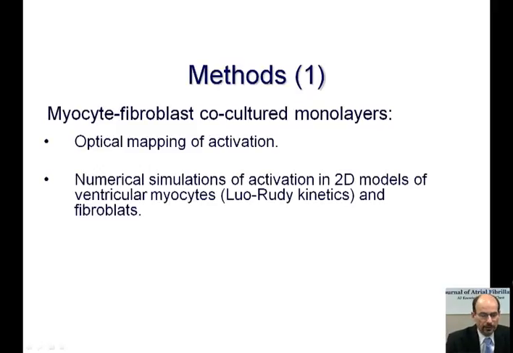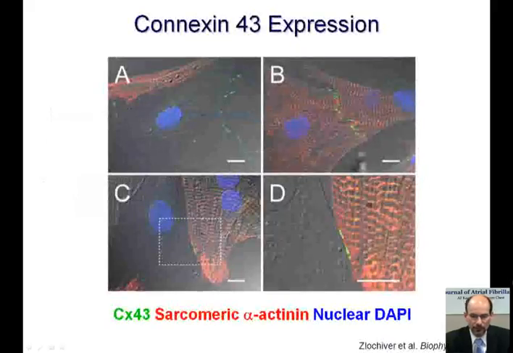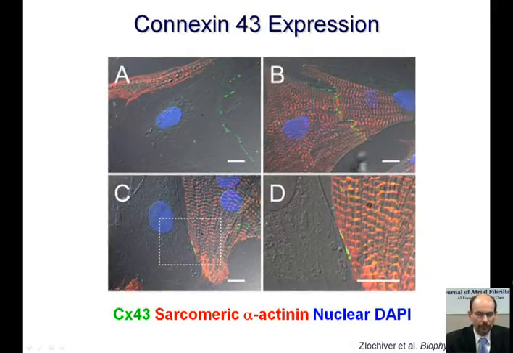We further looked at coupling between cells. It is not known if myofibroblasts and myocytes couple in vivo. We wanted to study the coupling in the cultures. On panel A, you can see that there are green spots between two myofibroblasts.